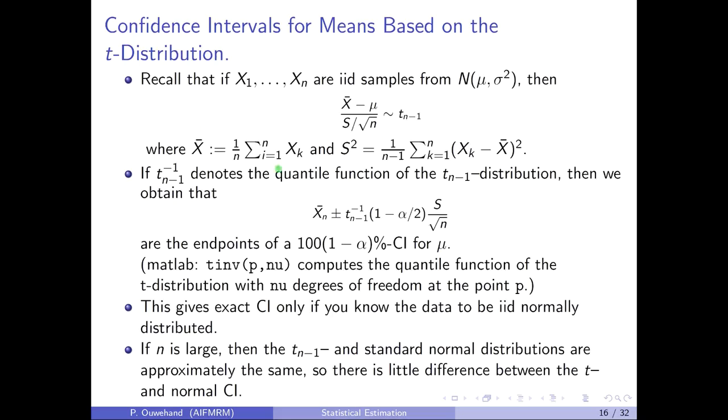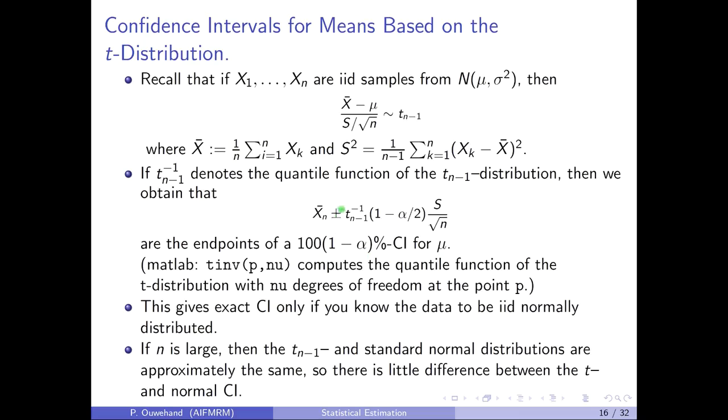Here x bar is just the sample mean and s squared is the sample variance. Now if we let t to the -1 of n-1 denote the quantile function of the t-distribution with n-1 degrees of freedom, then we obtain that x bar plus or minus that quantile times s over the square root of n are the endpoints of a 1 minus alpha times 100% confidence interval for mu.